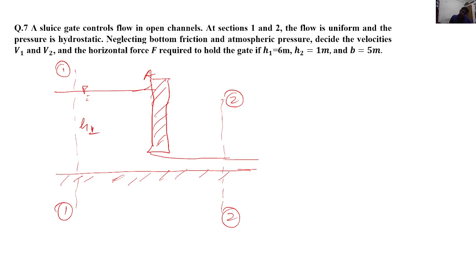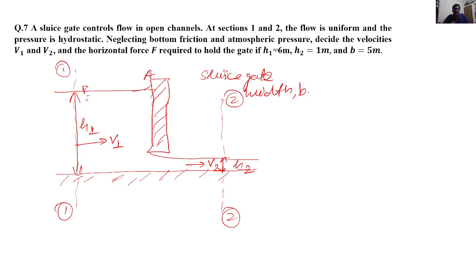Let the flow depth at the upstream section be h1, and the corresponding flow depth be h2 at the downstream section. Velocities are v1 and v2 at section 1 and section 2 respectively. It's a sluice gate with width of b.